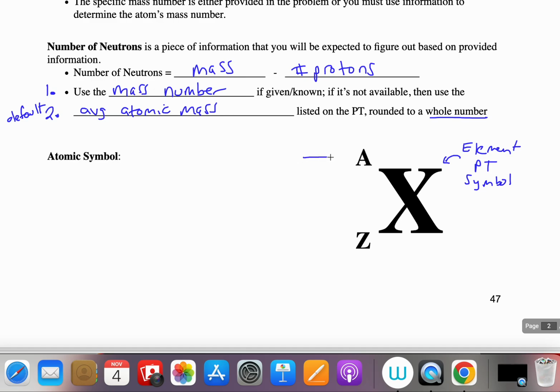In the upper left-hand corner, A represents the mass of that atom, and that mass is information about the protons plus the neutrons. The lower left number, Z, represents the atomic number of the atom, which is the number of protons.